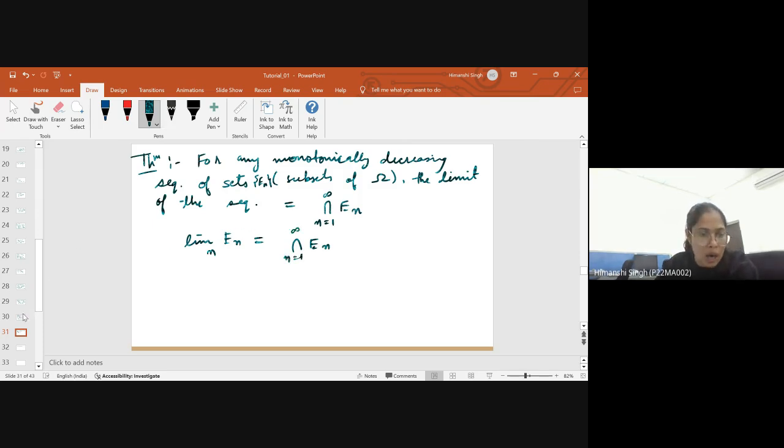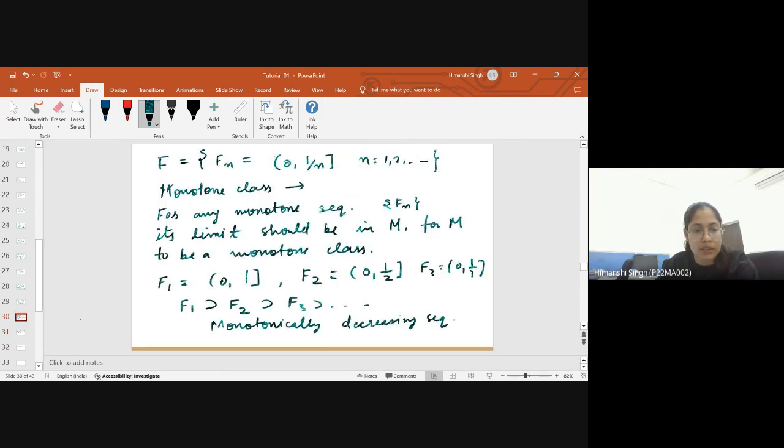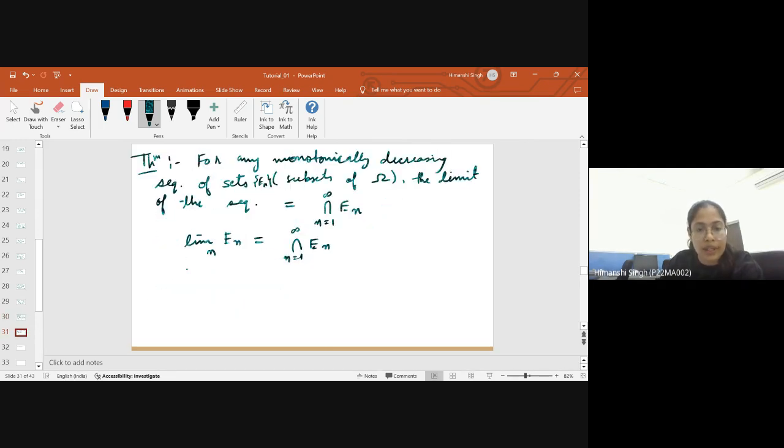So here the elements are: E1 is 0 comma 1, then 0 comma 1 by 2, 0 comma 1 by 3. And here we notice one thing, that 0 is not in any set, not in the first one, not in the second one.